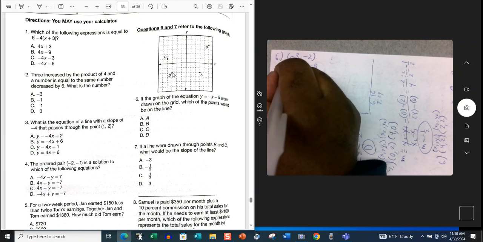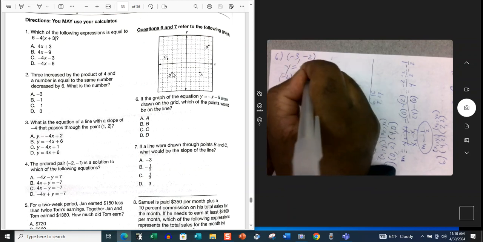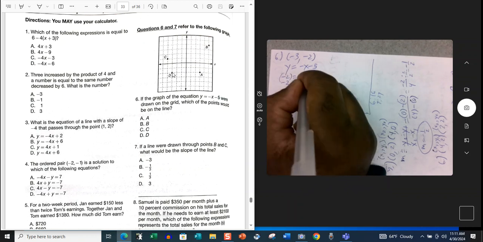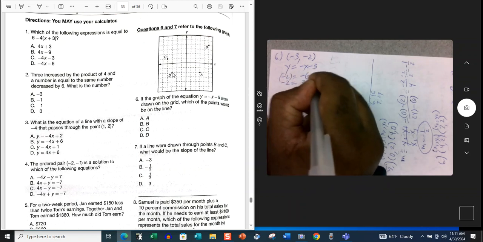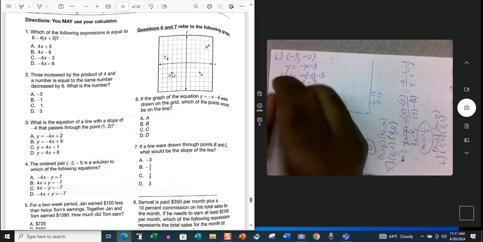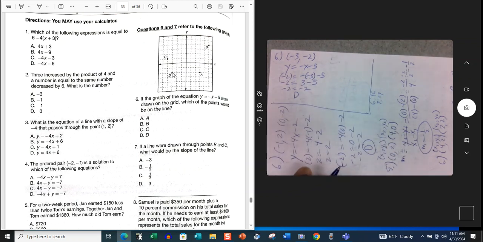So we'll substitute in negative 2 for y and then negative 3 for x. So it'll be negative 2 is equal to the opposite of negative 3 is 3 minus 5. So negative 2 equals negative 2. So again, your answer is D. So we just proved that D is the point that the line will go through.